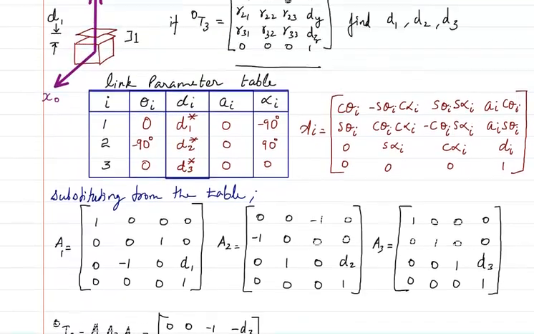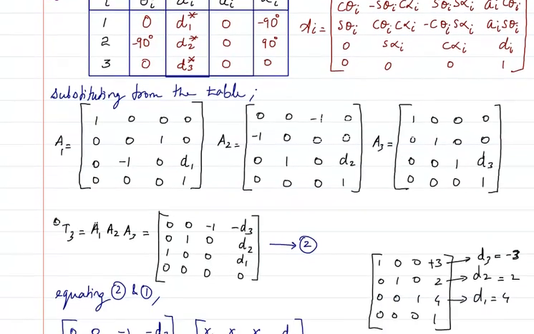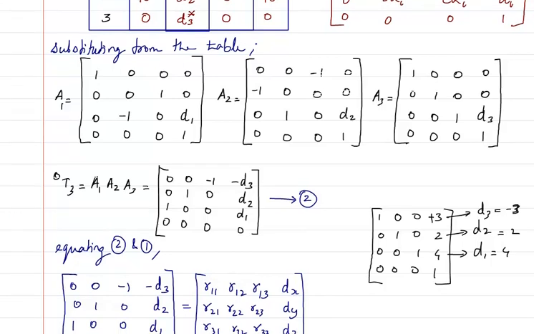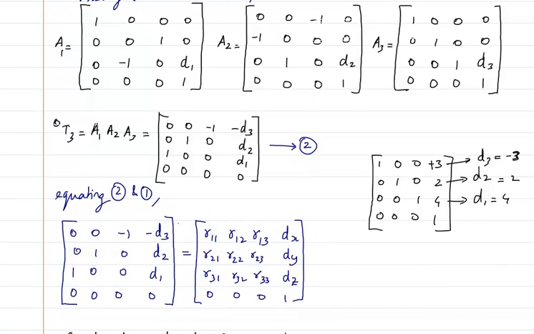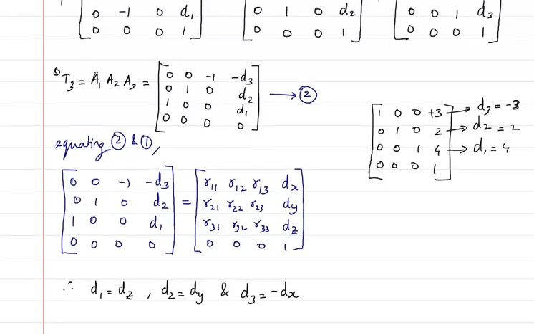Generally, if in the examination the structure is not like this, it is still a Cartesian manipulator, but it's facing in a different direction, then you will have to draw the frame based on DH, find out the link parameters, use the equation to find out the values of a1, a2, a3, get the equation of 0T3, and then just like this, equating, you will get the values of d1, d2, d3. So this is how we generally find out the inverse parameter.